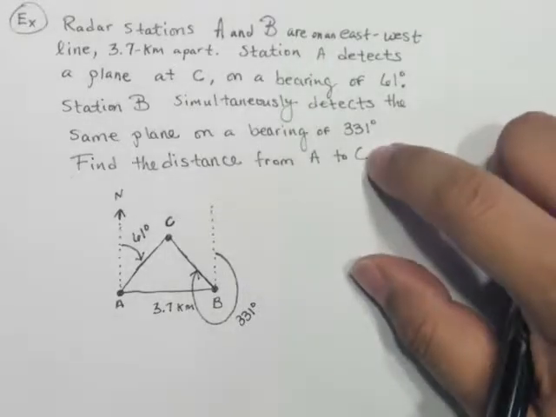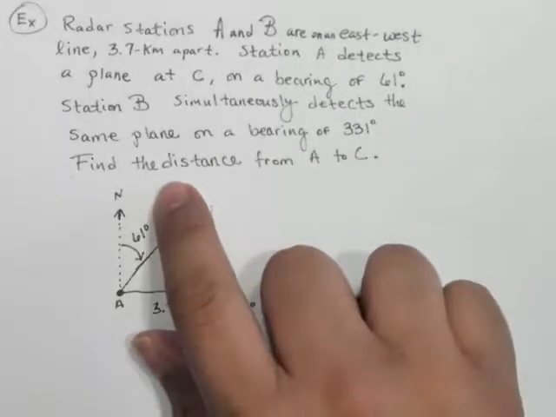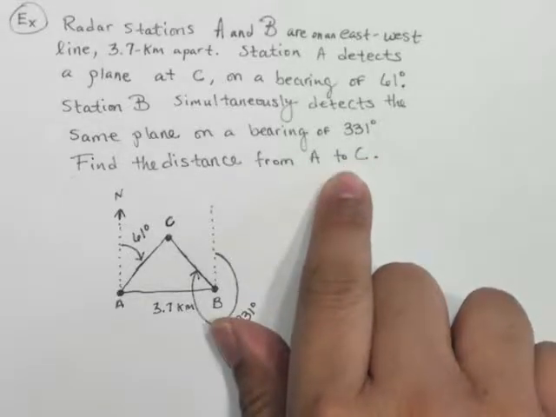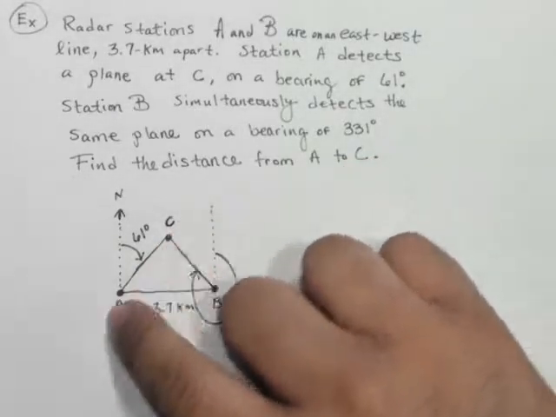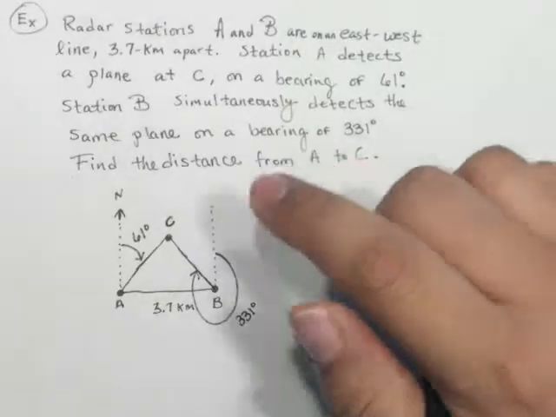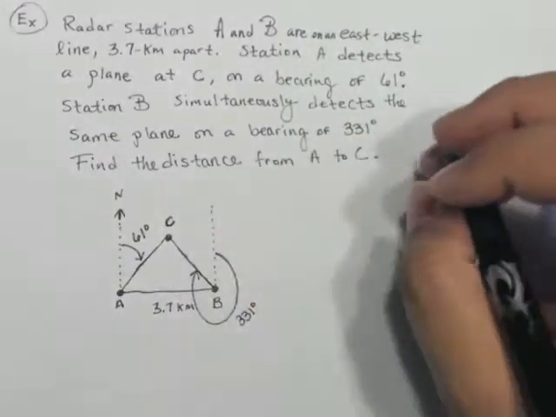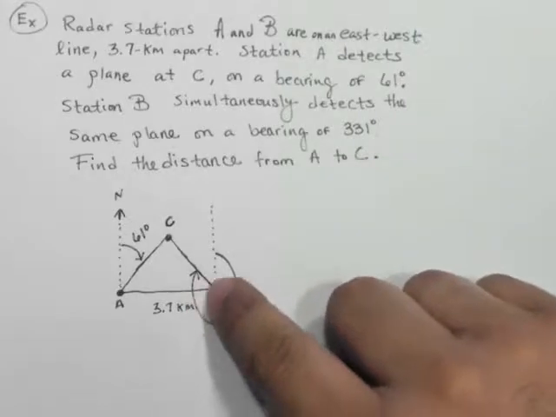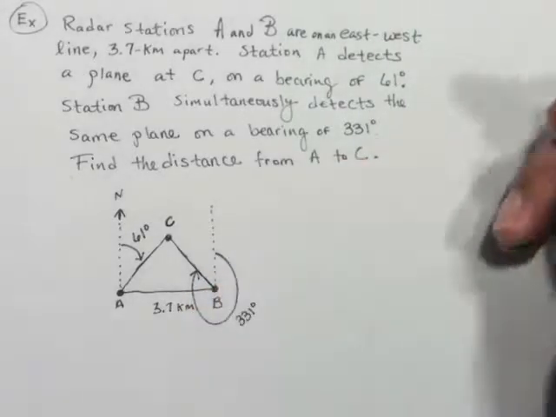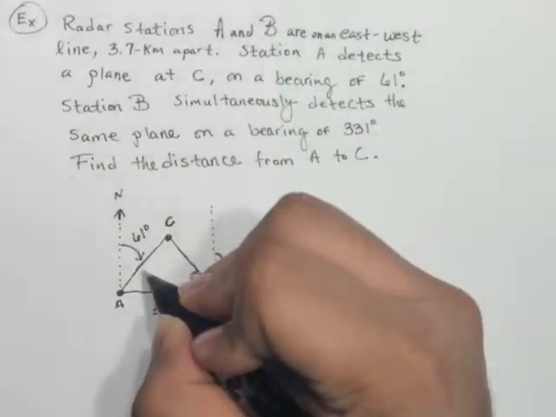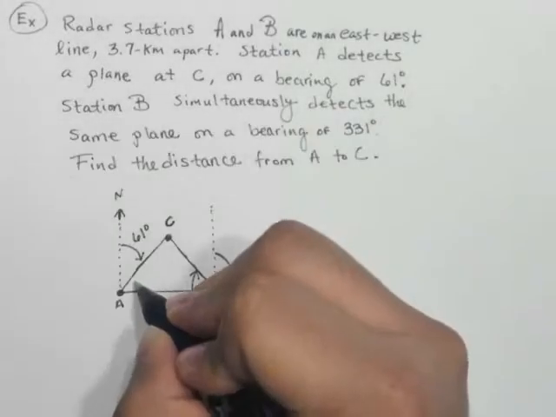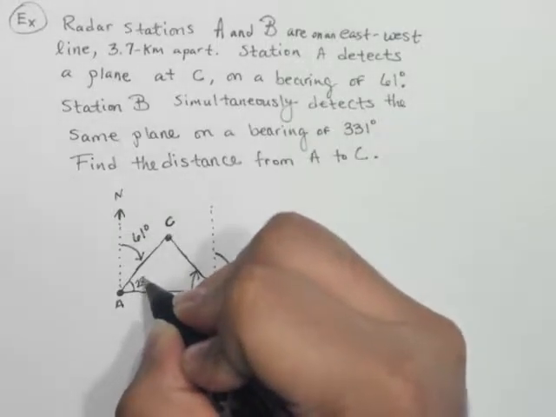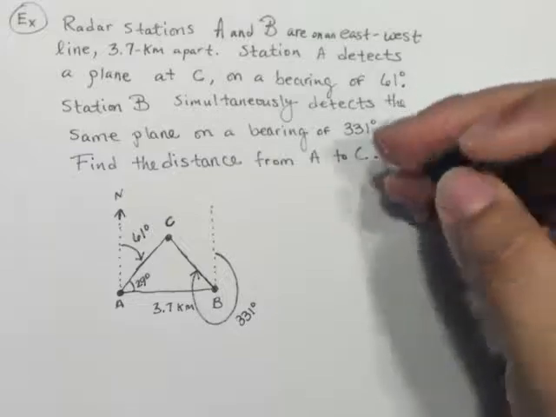Now it says find the distance from the point A to the point C. So they're looking for this right here. Well, we know this right here is perpendicular. If this is 61 degrees, then to complete it this must be 29 degrees.